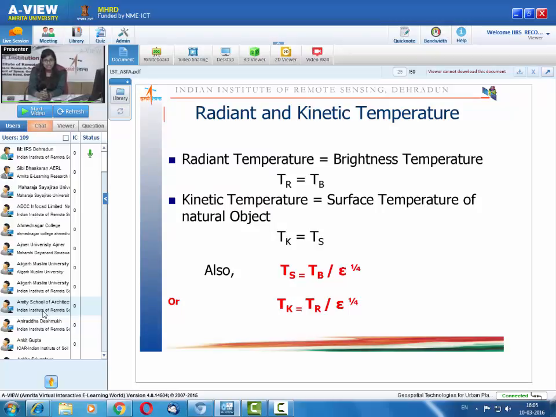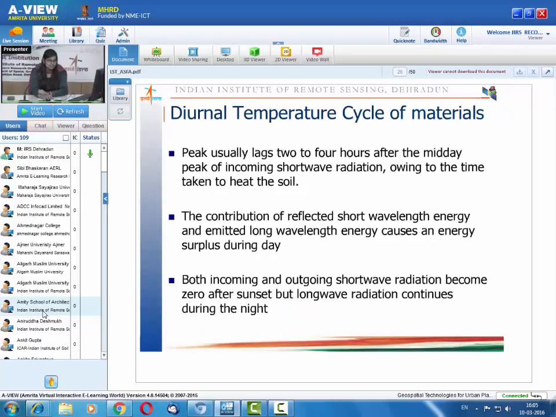As you can see, kinetic temperature is radiant temperature upon epsilon, that stands for emissivity, to the power of 1 by 4. So yes, kinetic temperature will remain constant, however the radiant temperature will keep on changing and it can be sensed by the sensor as well.